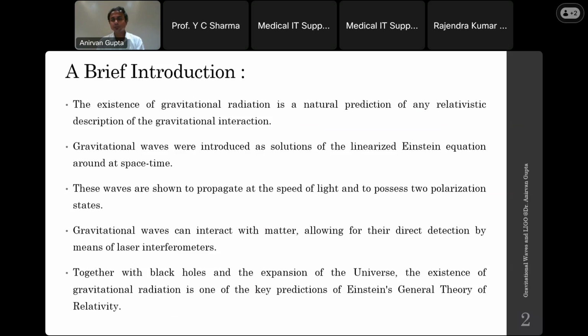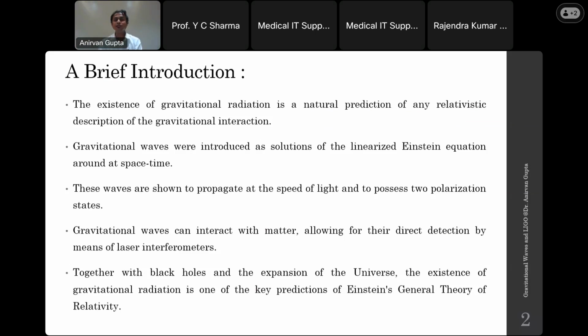These waves travel with the speed of light and possess two polarization states. This is difficult to imagine, but it has to do with tensor analysis, wherein it is proved mathematically that there are two polarization states given by H plus and H cross.